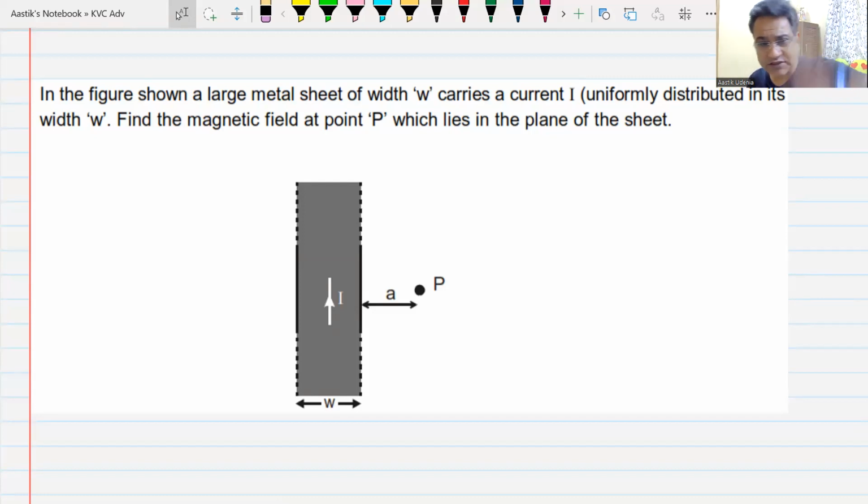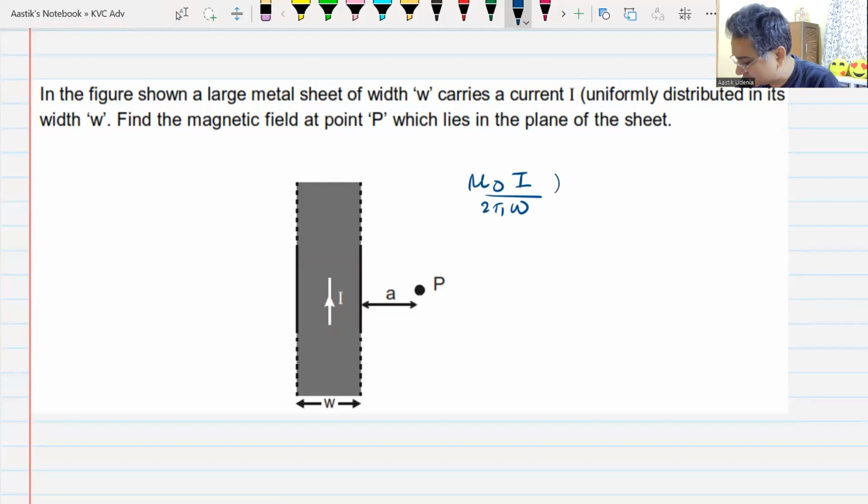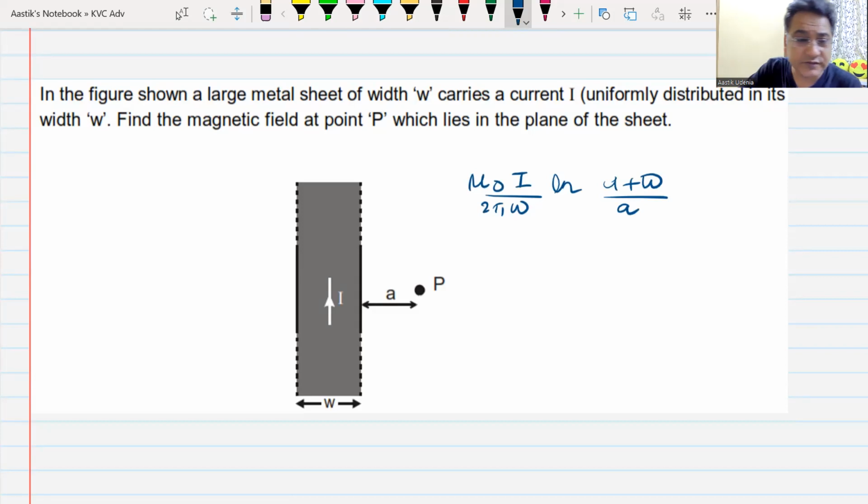You have to break this sheet into infinite wires, and then find the value of the magnetic field. All the magnetic fields will be going in the same direction. Just remember this form: mu naught I by 2 pi W. I by W is current per unit length, natural log of (A plus W) divided by A. That is the answer that you are going to get. So just write it as a note in your books.